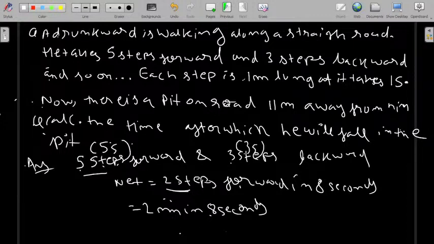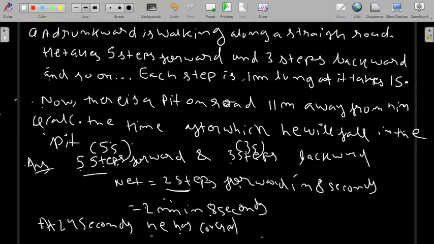तो 8 सेकेंड में 2 मीटर, फिर 16 सेकेंड्स में 4, देन 24 सेकेंड्स में कितना? 6 मीटर. तो अब देखो 24 seconds he has covered 6 meters.